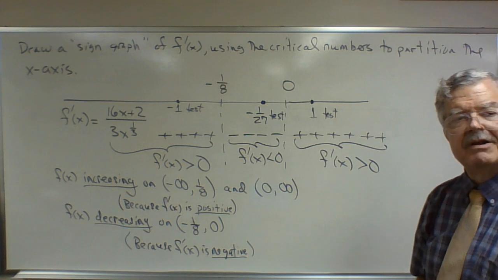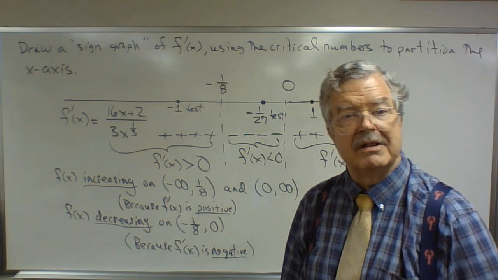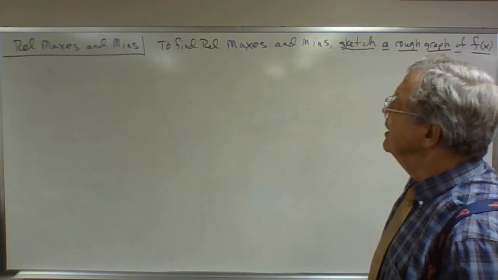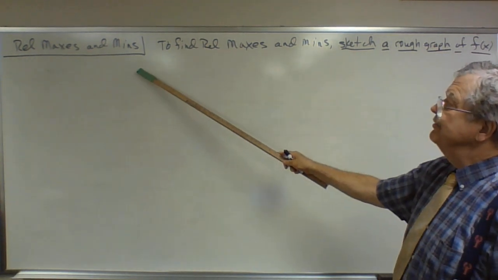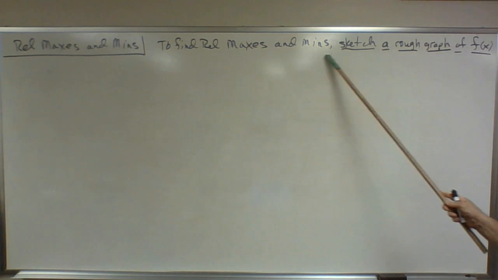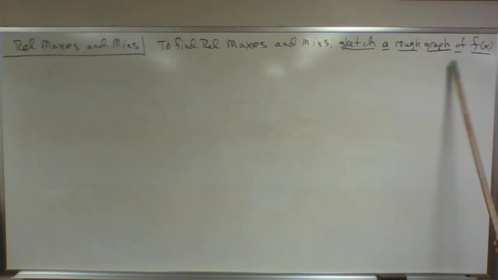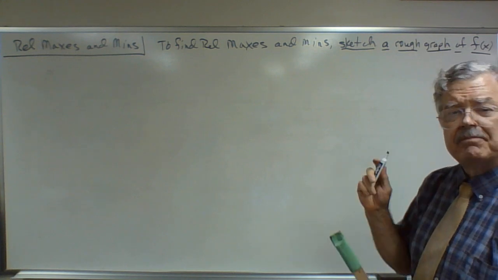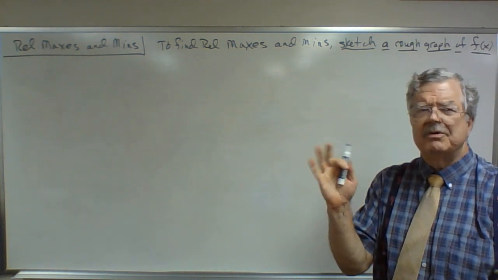Now time to find our relative maxes and relative mins. To find the relative maxes and mins, sketch a rough graph of the original function f of x. And again, we don't rely on the x and y axes.